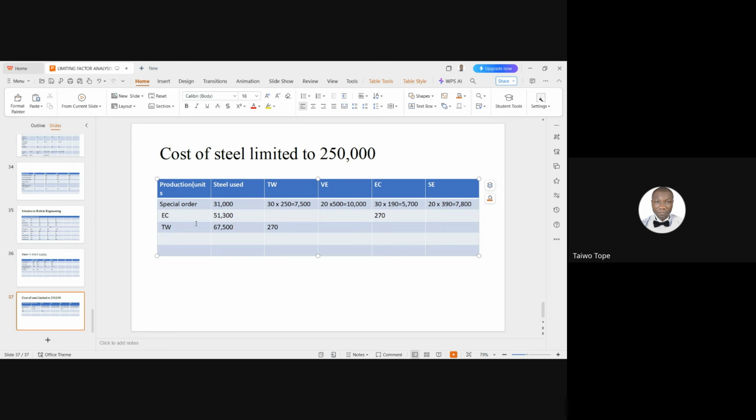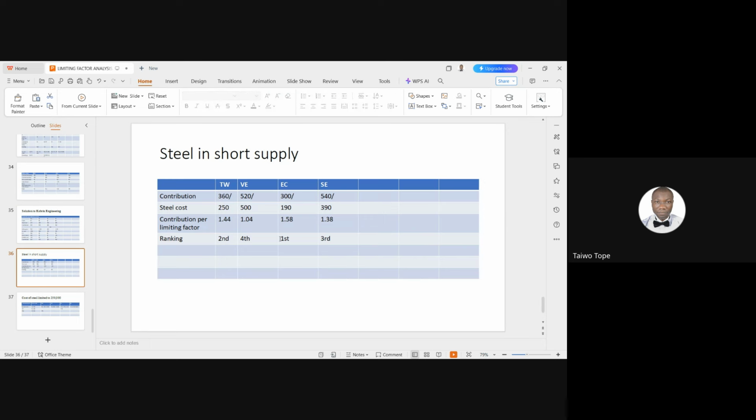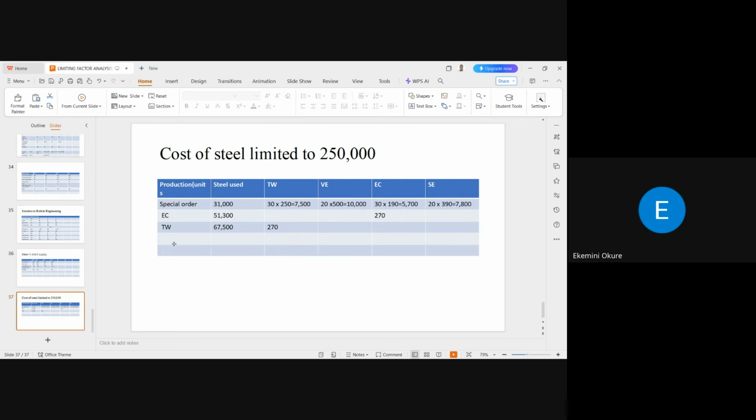The next is what, based on ranking? SE. The special order is 20. What will be the 100%? 200.